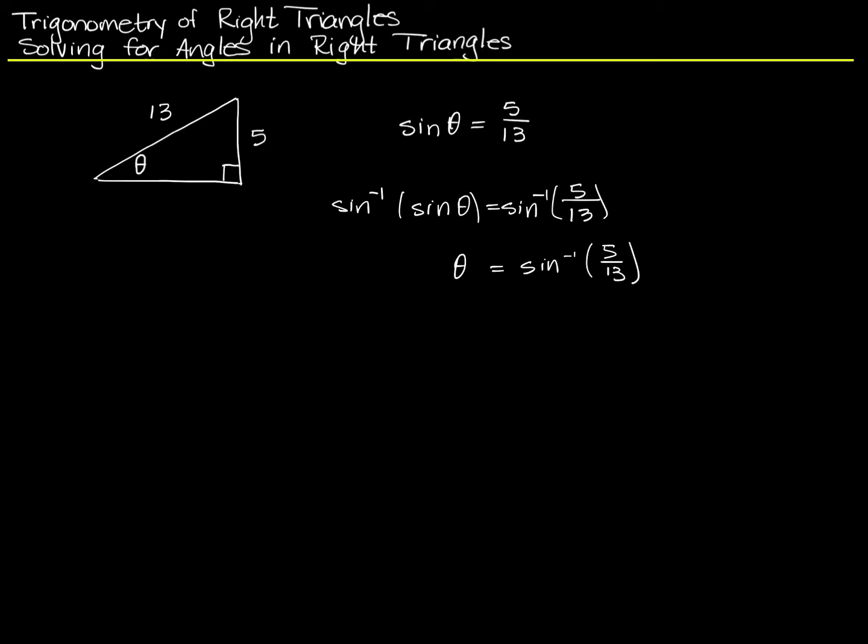Now in this case, this is not a value that is in my table that I can just look up and see what the angle is whose sine is 5 over 13. So I'll have to use my calculator.